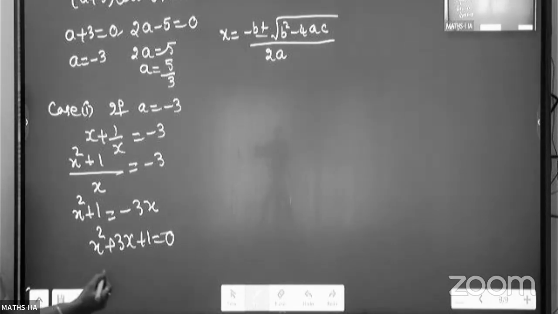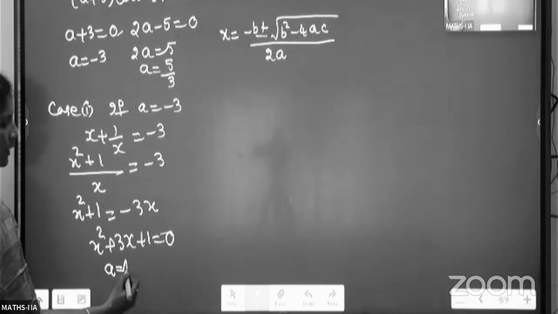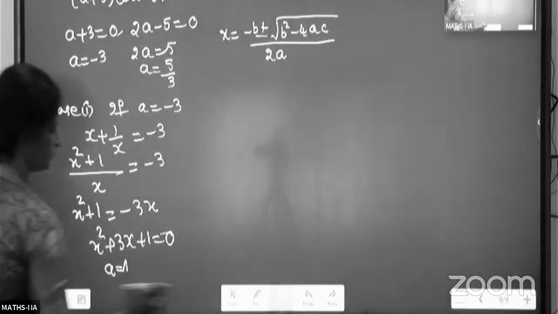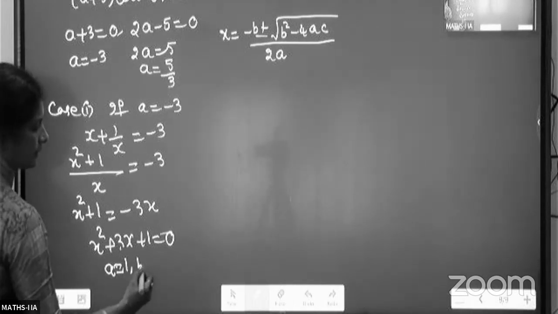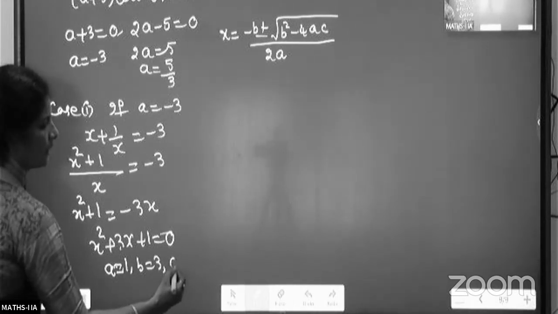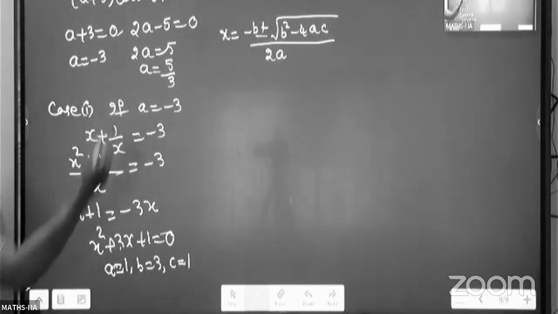So in this, what is a value? a is equal to 1. b is equal to 3. And c is equal to 1. Substitute these values here.